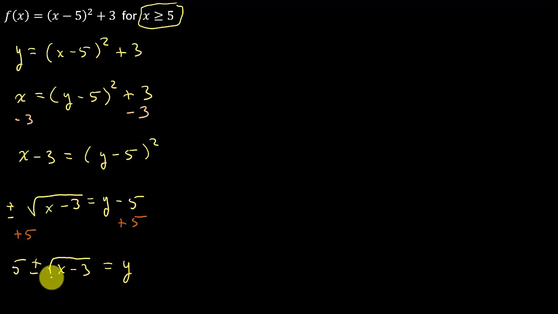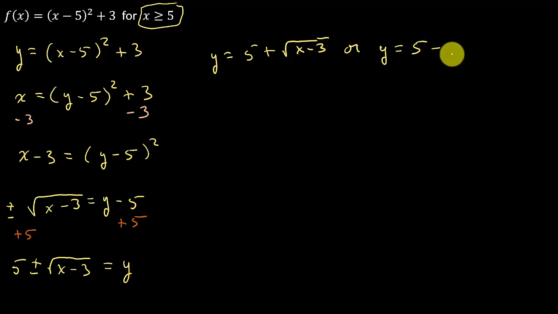So I've got two solutions here, 5 plus the square root of x minus 3 and 5 minus the square root of x minus 3. Let's rewrite that up here: y equals 5 plus the square root of x minus 3, or y equals 5 minus the square root of x minus 3.